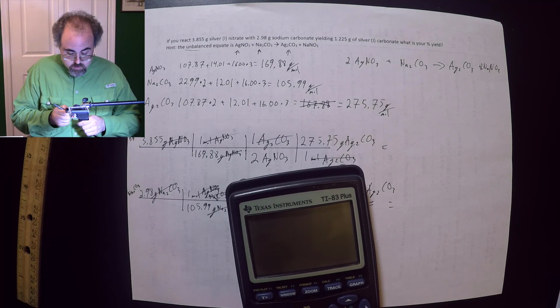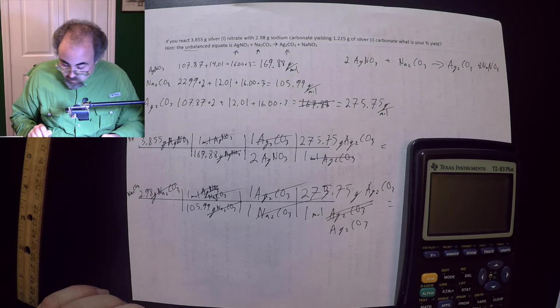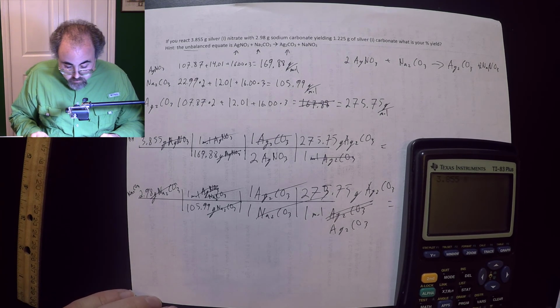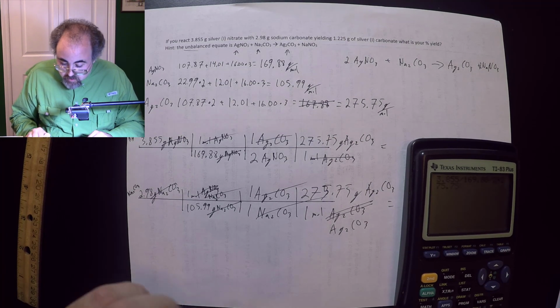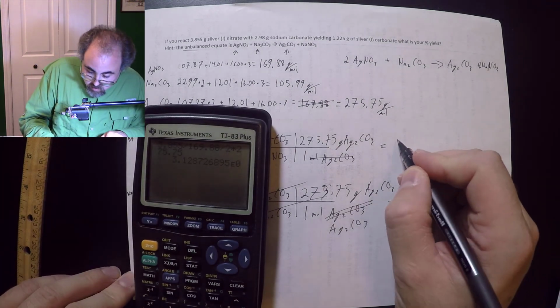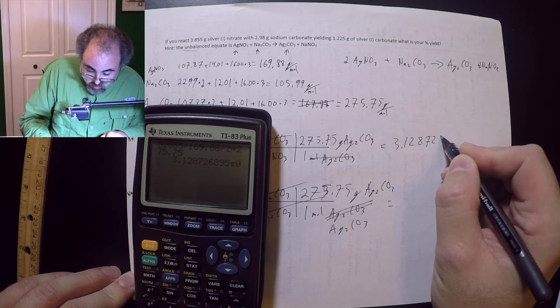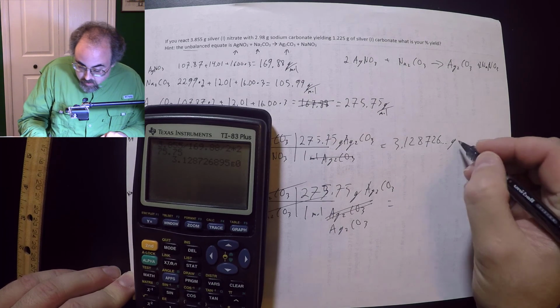So at this point, calculating time. 3.855 divided by 169.88 divided by 2 times 275.75 gives me 3.12876 grams Ag2CO3. I know I don't have that many sig figs.